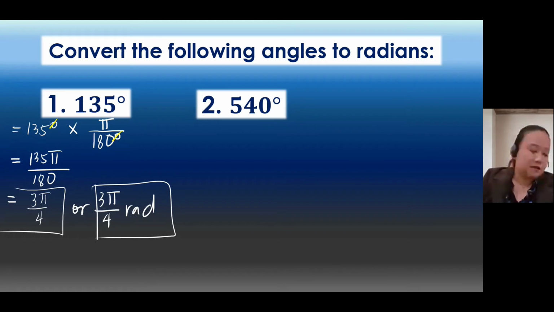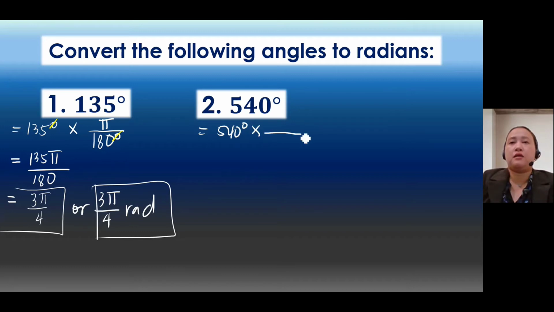Okay, next example. You just write the given. Again, multiply it by a fraction in which you can cancel the unit degree. Since the given is in degrees already, multiply it by a fraction in which the denominator has degrees, so we can cancel the unit degree.